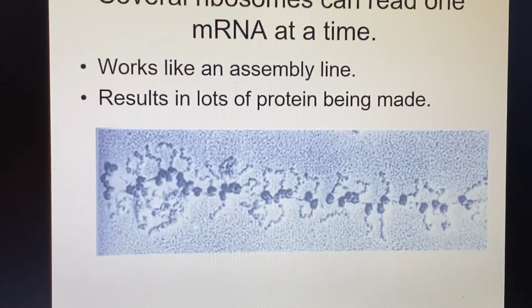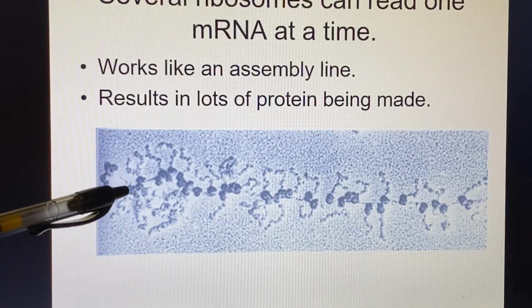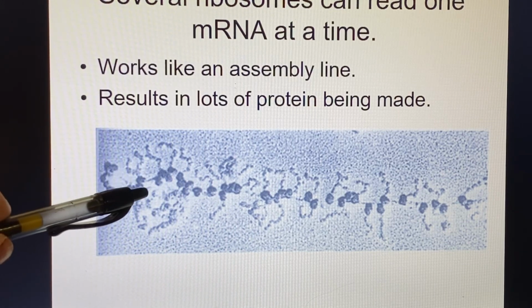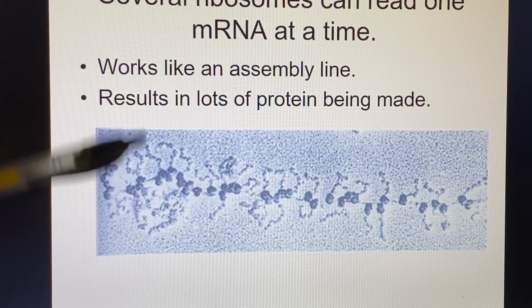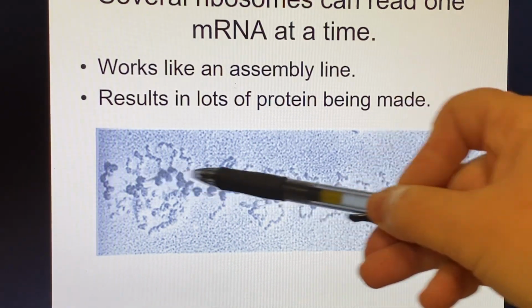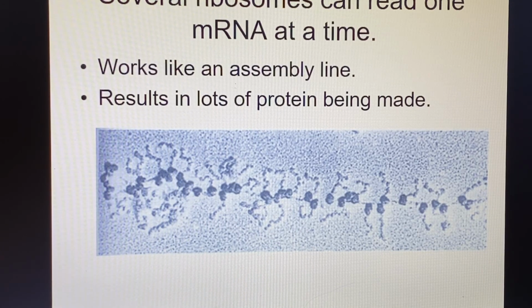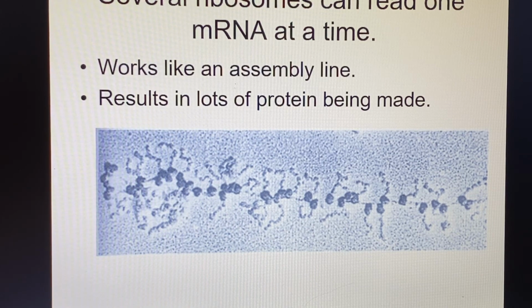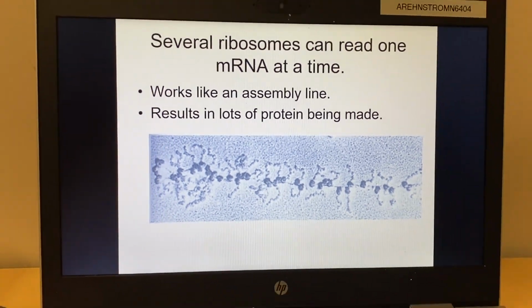As soon as one ribosome is done reading a codon and it shifts to the next codon, then another ribosome can come and latch on to the messenger RNA. So the result is, from one messenger RNA, you can have a ton of different ribosomes attached to it at the same time. And as a result, you can produce a lot of protein really fast from one single messenger RNA.